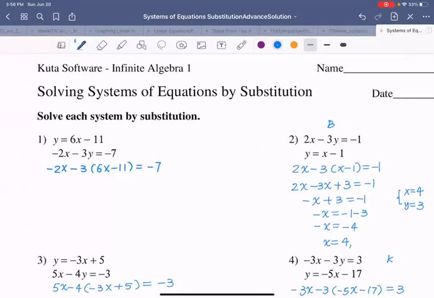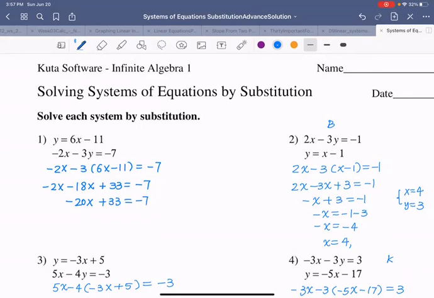Then you distribute: negative 2x minus 18x plus 33 equals negative 7. So negative 20x plus 33 equals negative 7.